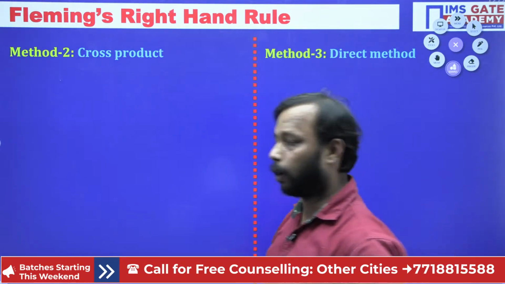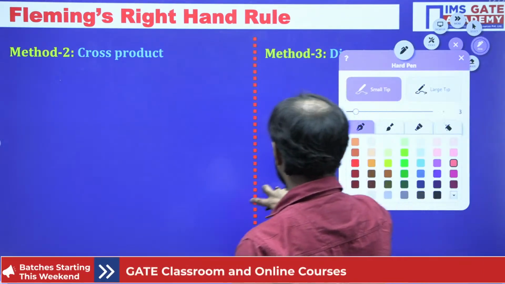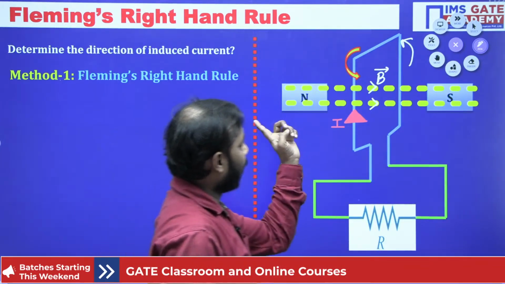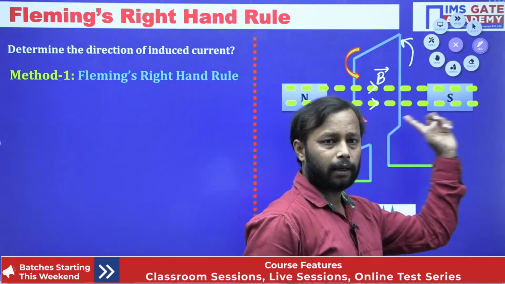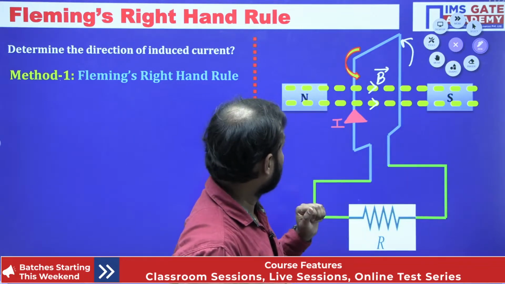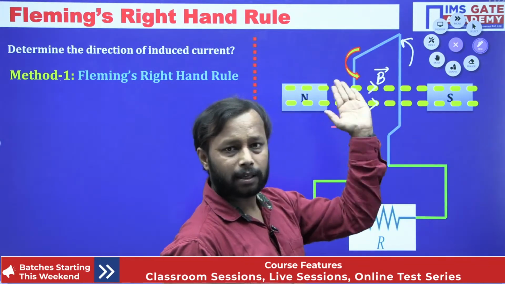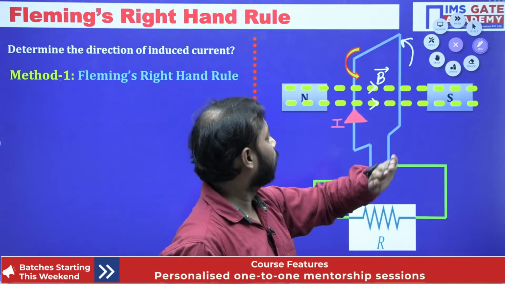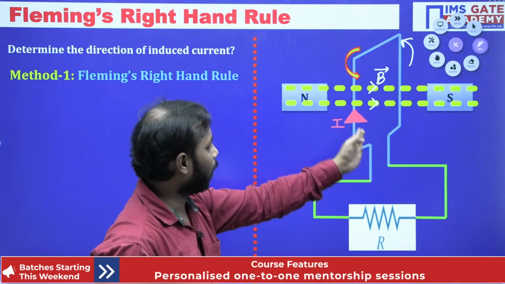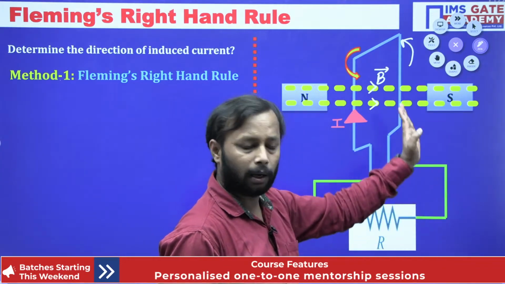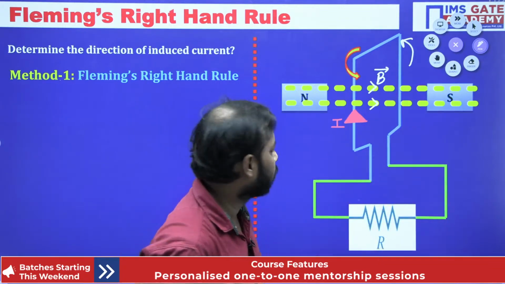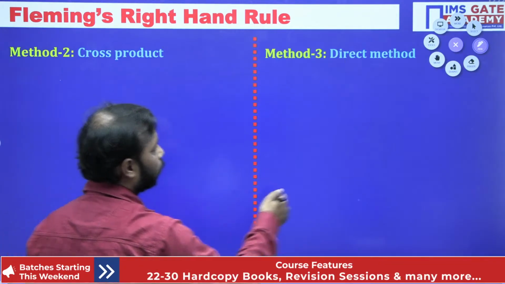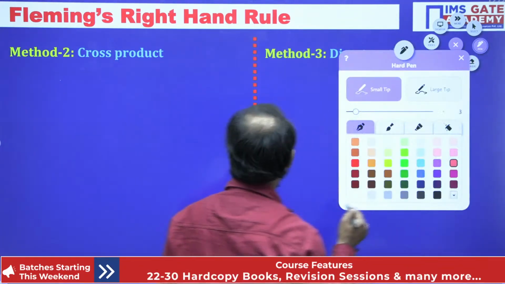The magnetic field is in this direction. The conductor movement is outward of the board. Then the middle finger shows the direction of induced current. So let me place all the things.